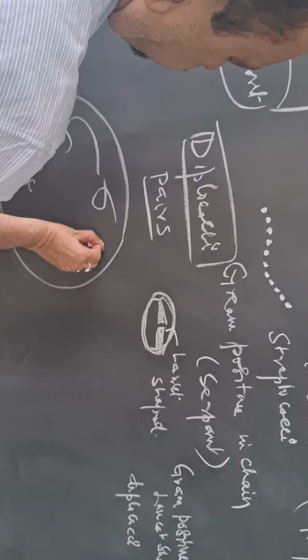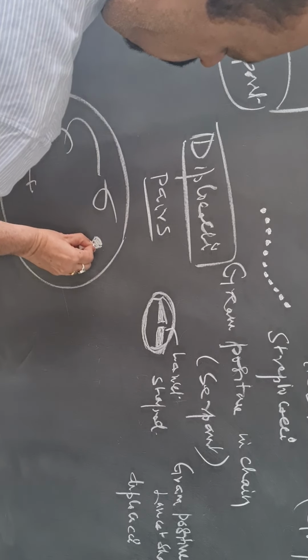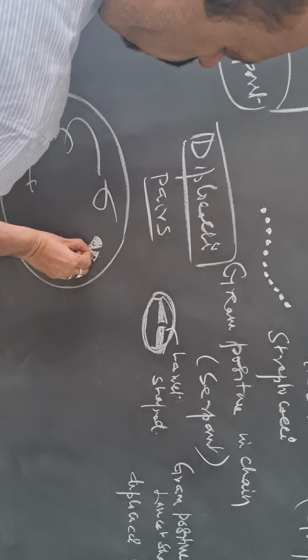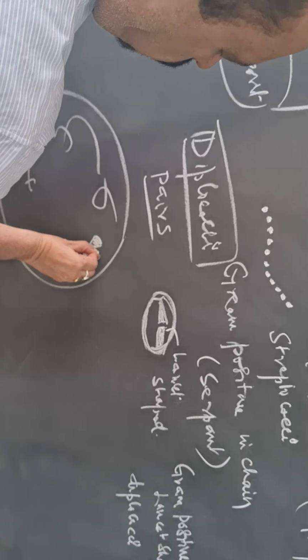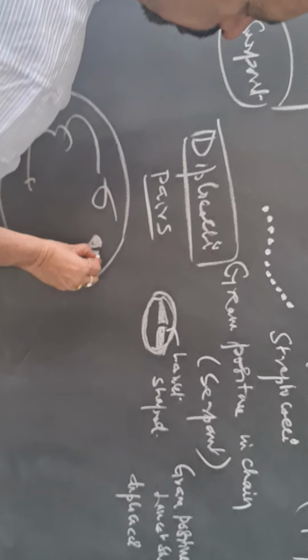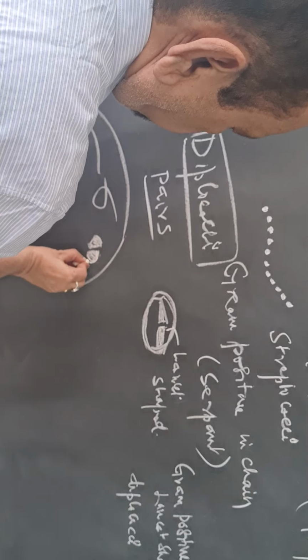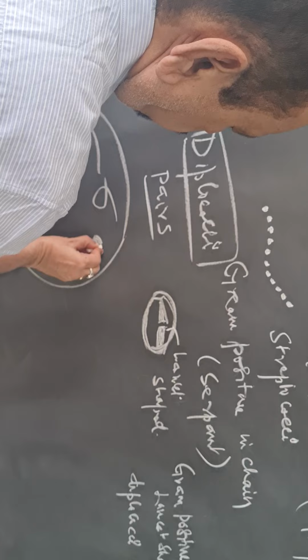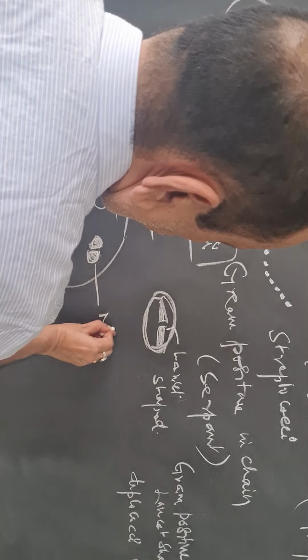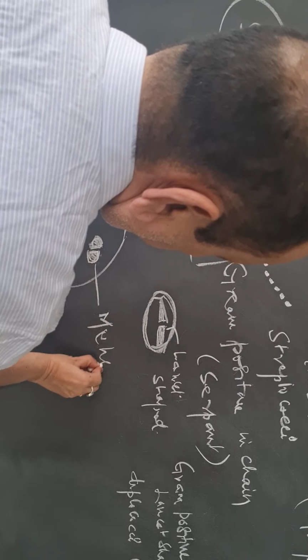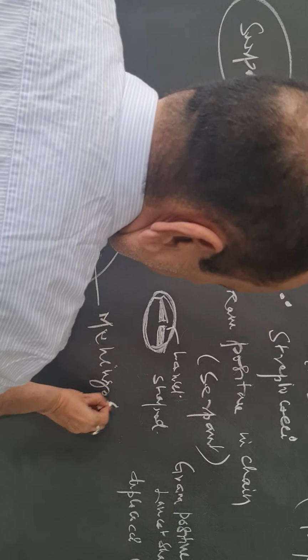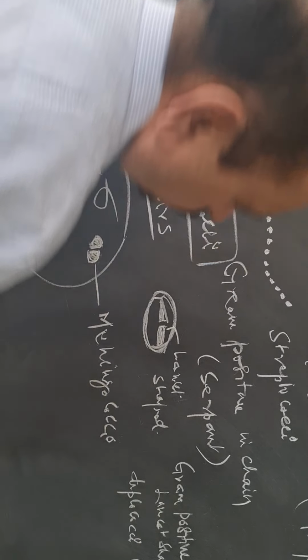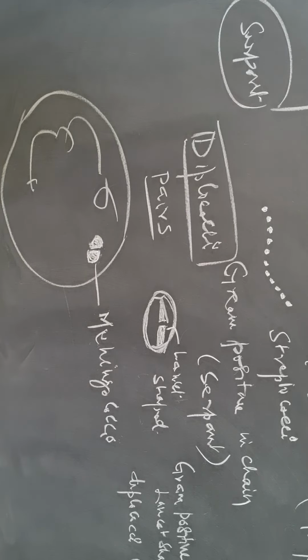One is plano-convex, half moon shaped, the meningococci. They are inside the pus cells.